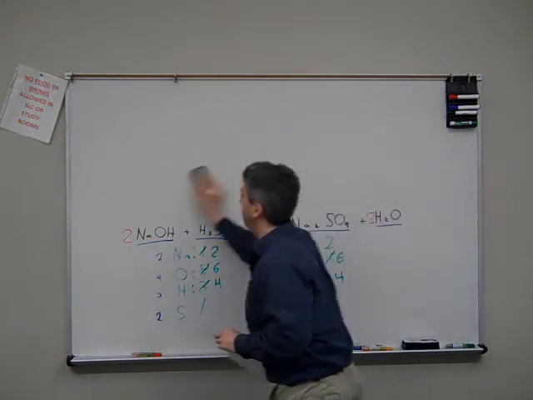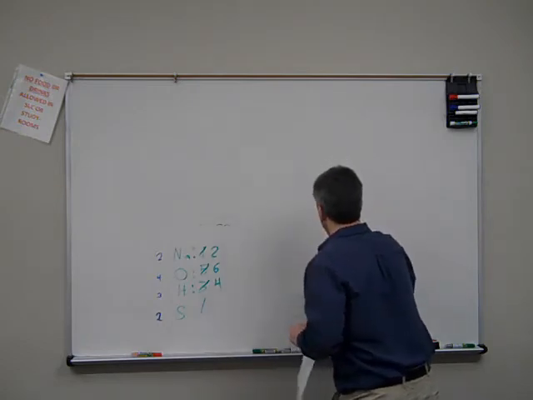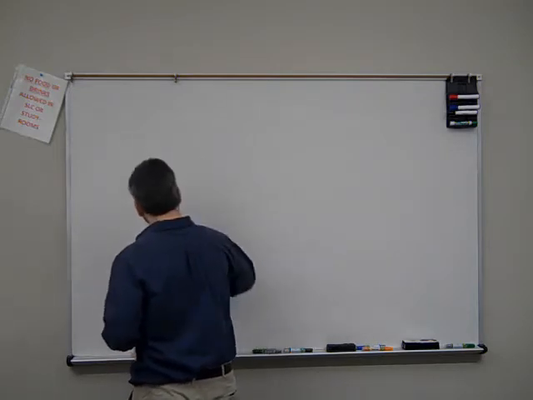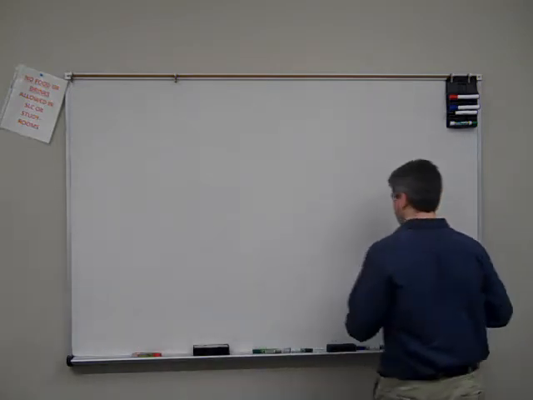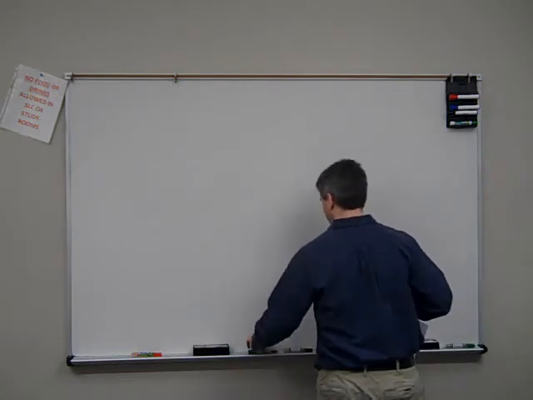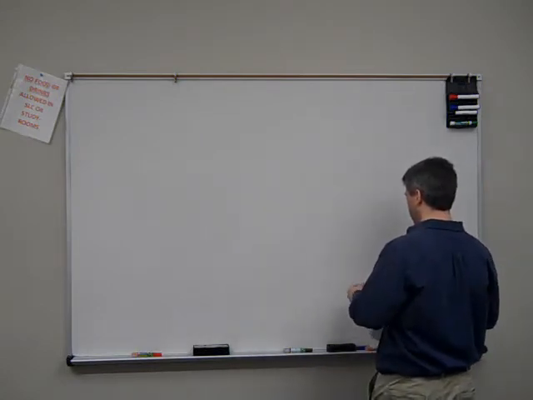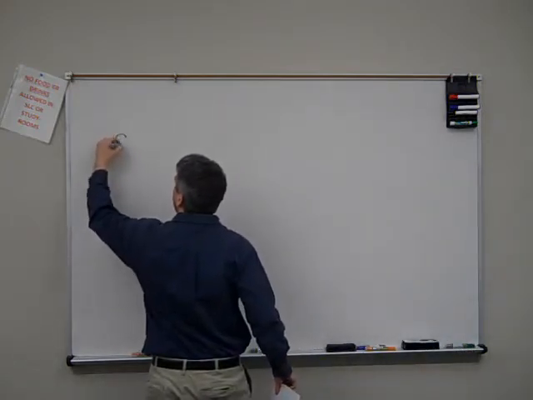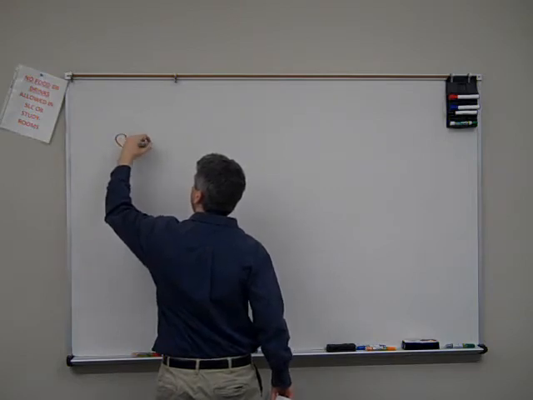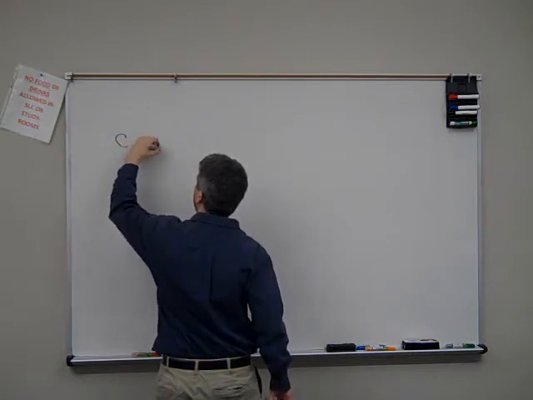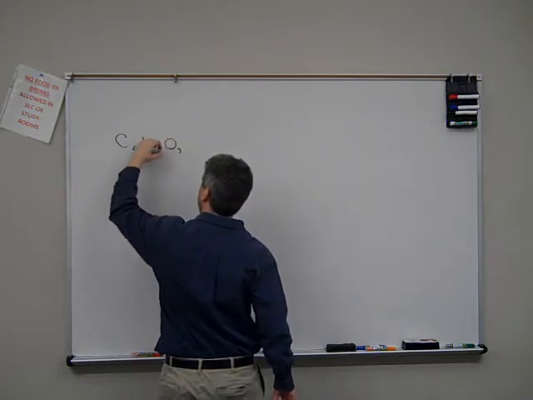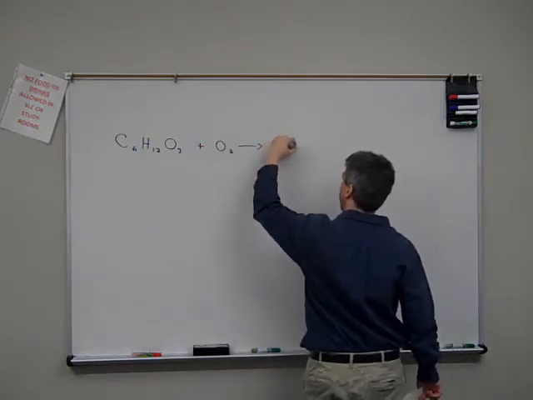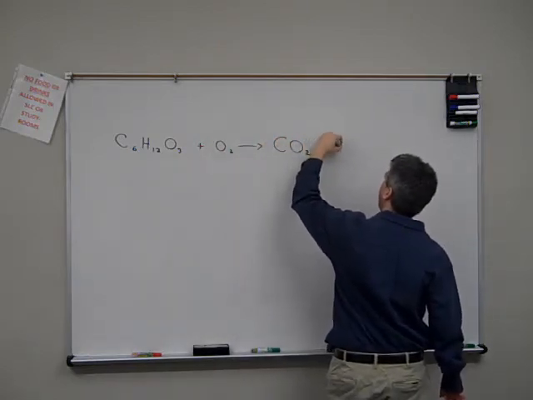Let's say you have something like C6H12O3 plus O2 goes to form CO2 and H2O.